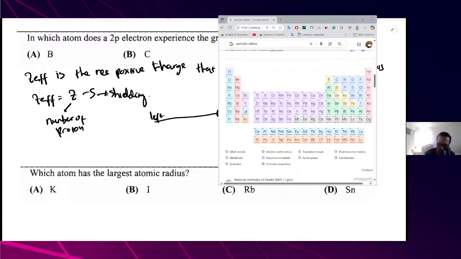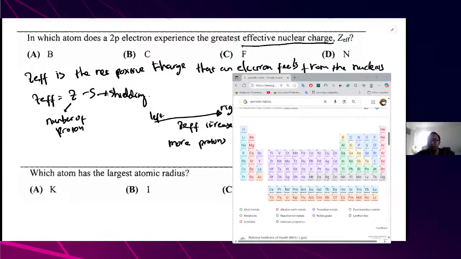ZEFF increases, which means more protons. Let's take a look at the periodic table.